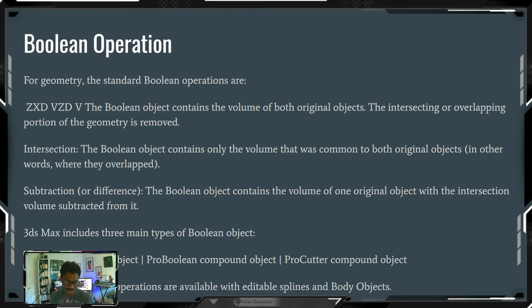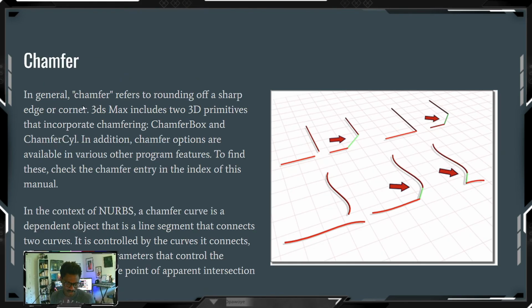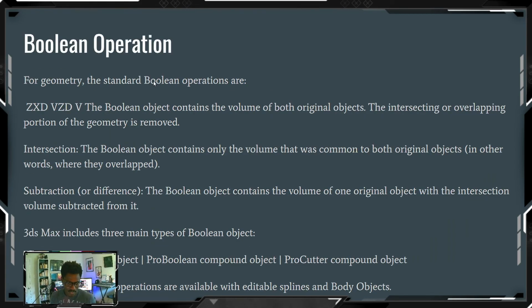An intersection: the Boolean object contains only the volume that was common to both original objects, in other words, where they overlapped. In subtraction or difference, the Boolean object contains the volume of one original object with the intersection volume subtracted from it.